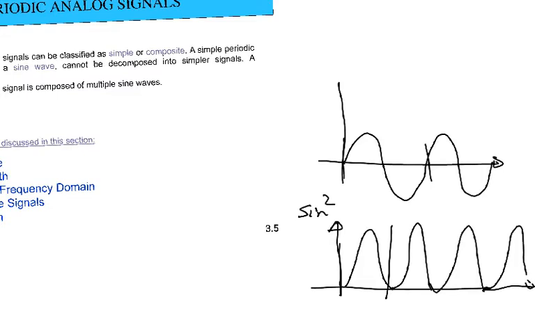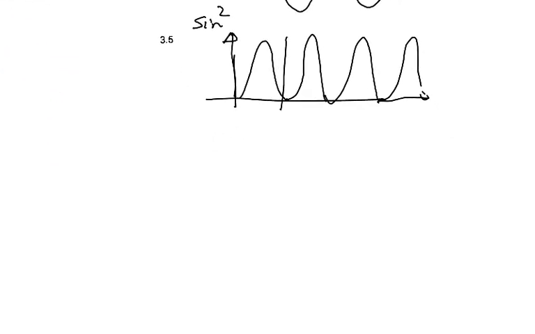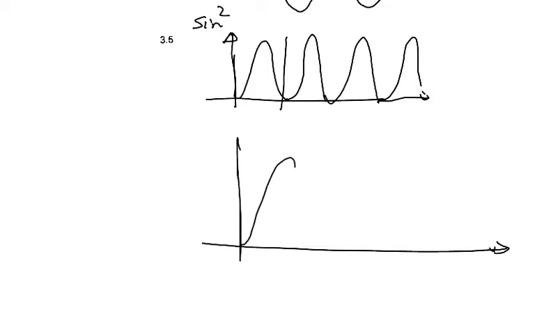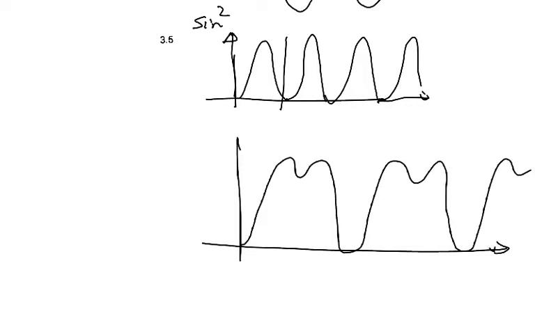Any other periodic signal like this, or another example, a signal like this. Again, this is a periodic analog signal, right? So we will discuss later how we can use multiple sine waves and cosine waves, okay, to represent this composite signal.